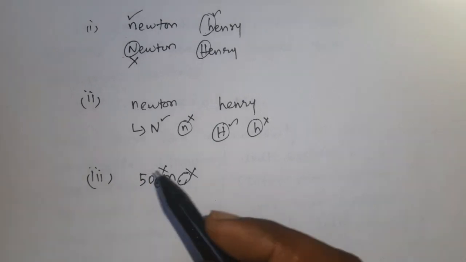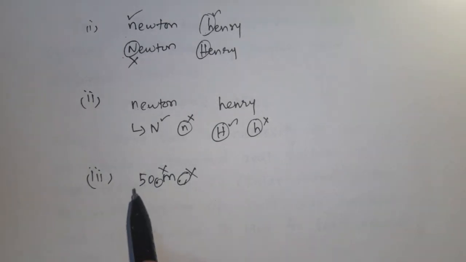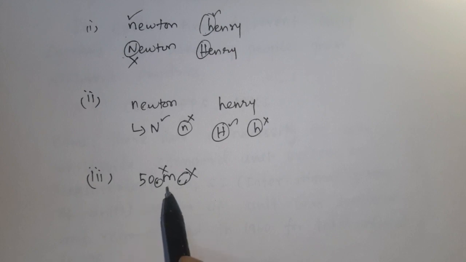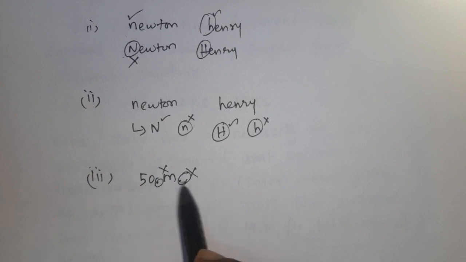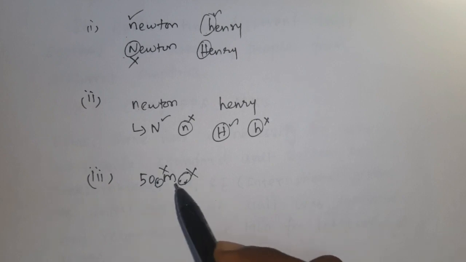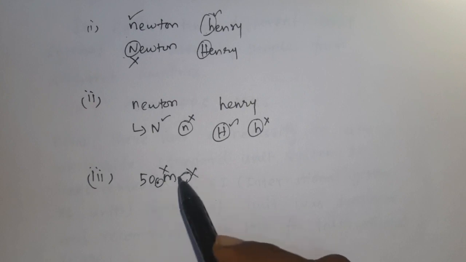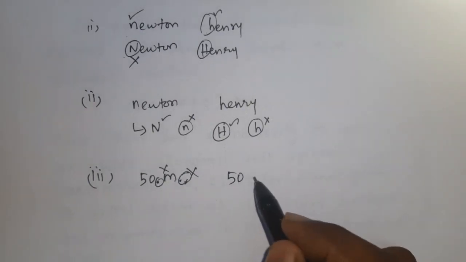Rule 3. If you want to express a unit with magnitude and unit, there should be no full stop or other punctuation marks within or at the end of the symbols. For example, 50 full stop, m full stop, then comma, semicolon, those symbols should not be used. Simply you have to write 50 m.